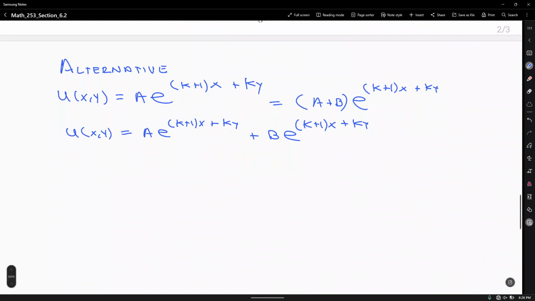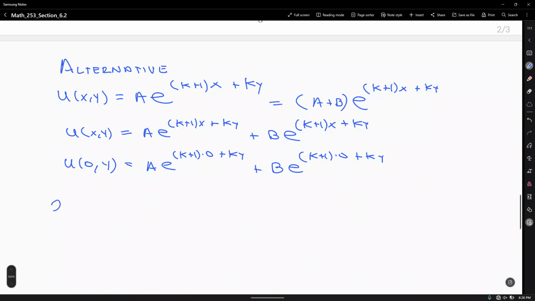Initial condition, u of 0, y. That is, replace every instance of x with a 0: A e to the (k plus 1) times 0 plus ky, plus B e to the (k plus 1) times 0 plus ky. So zero of the zeros there, but what is u of 0, y?